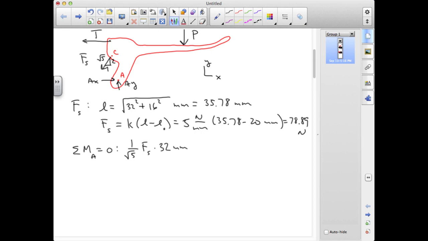The vertical component is 2 over root 5 times the spring force, and that has a moment arm of 14 millimeters.